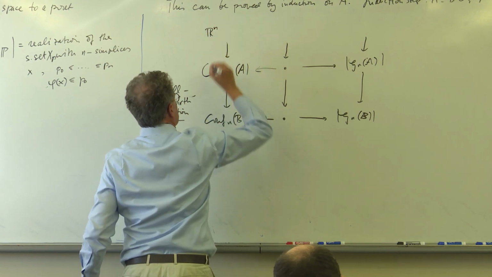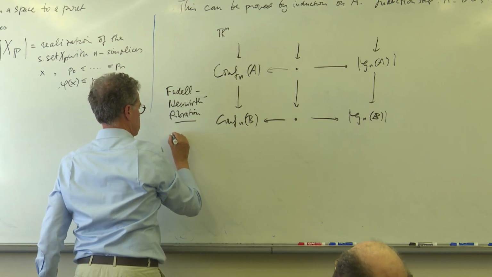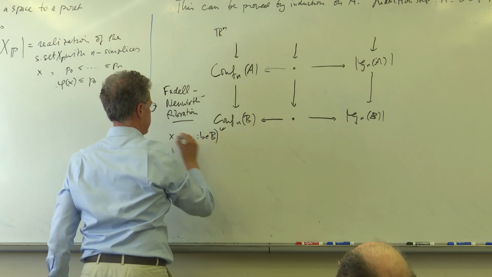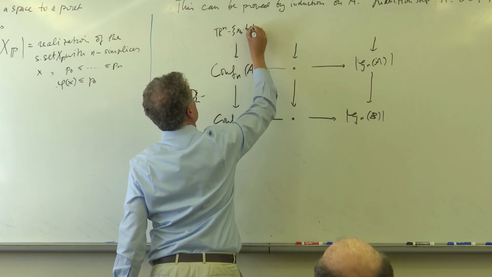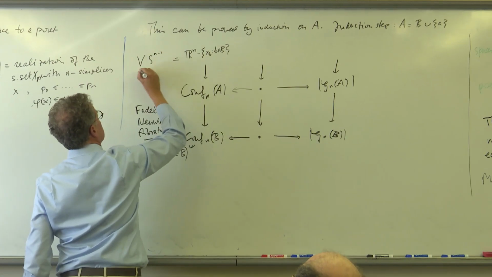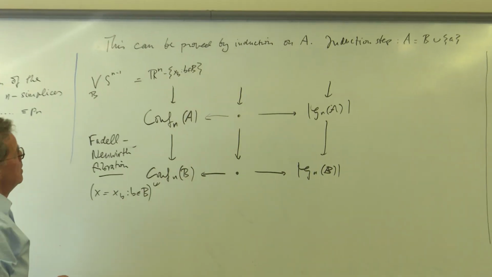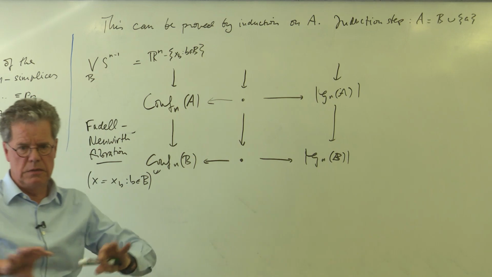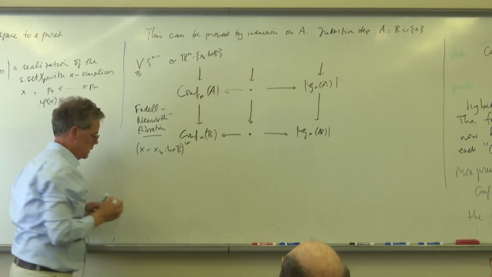Over the fiber, let's take a point x equal to (x_b), b in B, here: R^n minus {x_b, b in B}. Okay, that's a wedge of spheres indexed by B up to homotopy. So you take the sphere around the points that you have deleted, and that gives the homotopy equivalence.